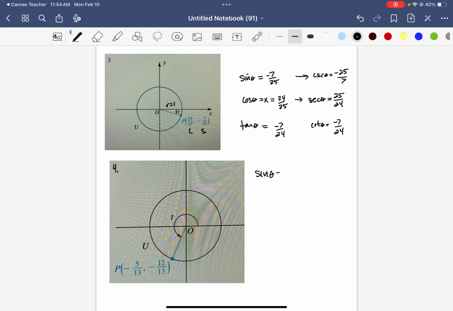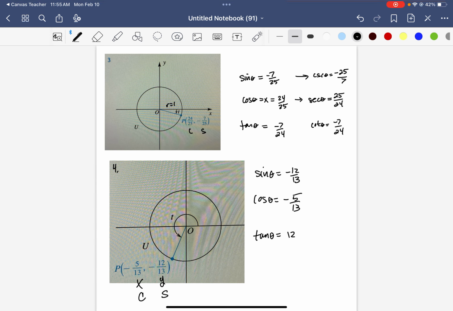So sine theta, cosine theta, and tangent theta. So if sine of theta is my y coordinate and my x coordinate is cosine, then this is going to be negative 12 over 13 because sine is y, and this cosine is going to be negative 5 over 13.